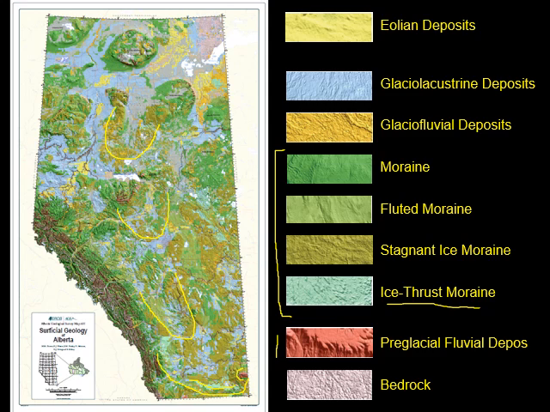What we also see here is this yellow hue, which is the glacial fluvial deposit. So, for example, there are a couple of esker deposits here. There are also some broader old glacial fluvial river systems. And then we have the bluish areas that are actually infill everywhere in between the green areas.